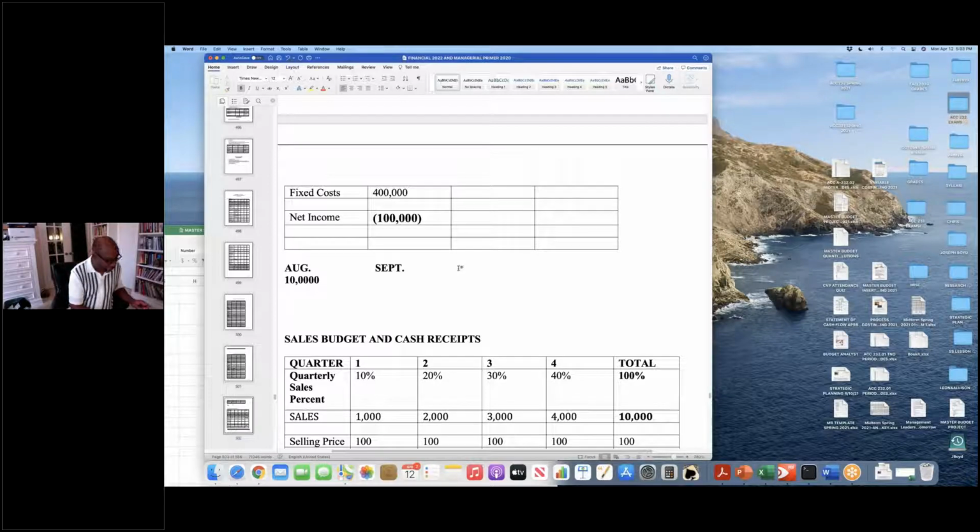So you owe TSU $10,000, but they give you the option, and you take that option.